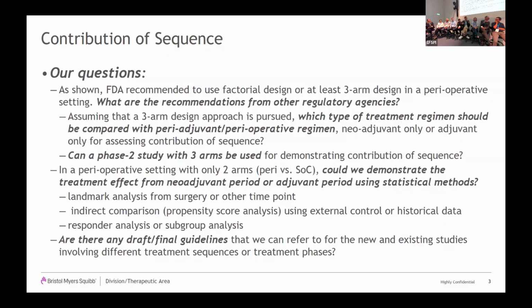And because you don't re-randomize, the question might be different from what you address when you do re-randomization. But other than that, I think having more information on what the different treatment phases contribute to your success would be very beneficial for patients and healthcare professionals. And hence it's a very good discussion we have here today.